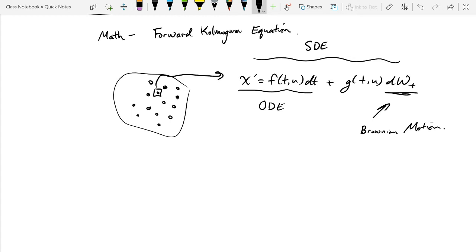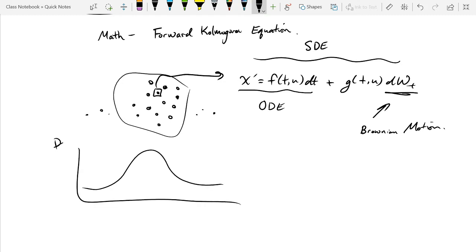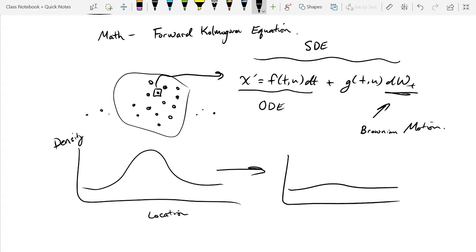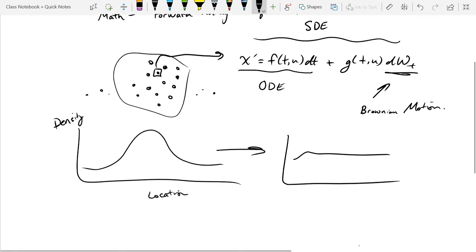When you have a whole bunch of water particles over here, and maybe only a little bit over here, then you have a peak, which is now your density at a given location. What you want to understand is how this density changes with time. Maybe in time it smooths out, so more of the particles move everywhere else. It diffuses. That's what the particles do.